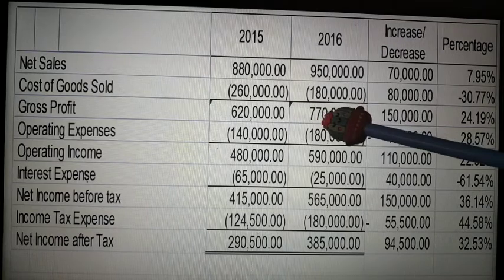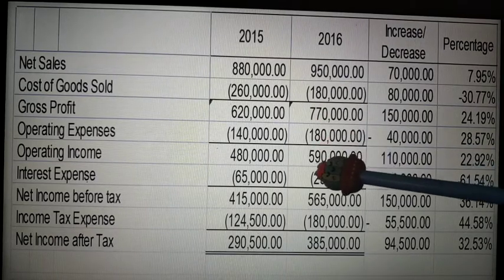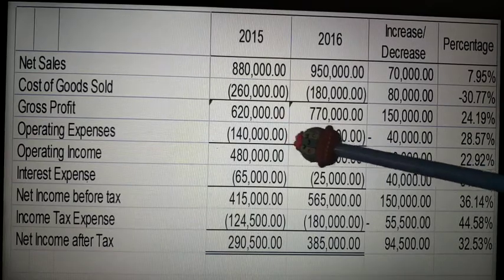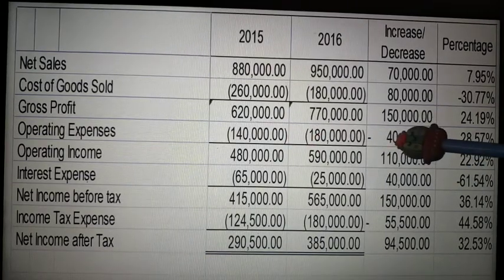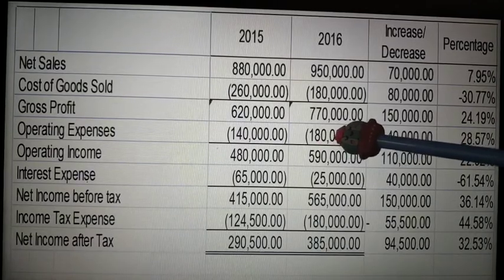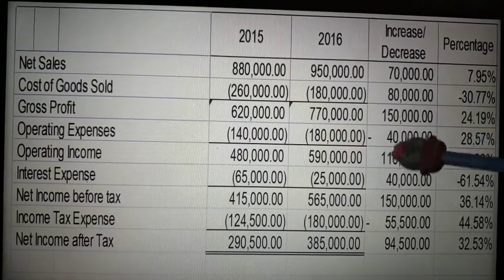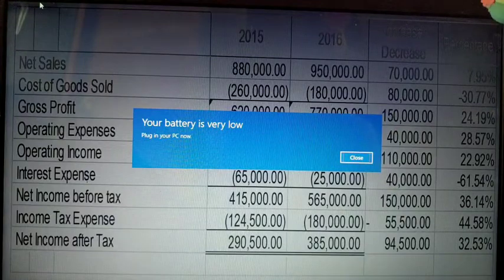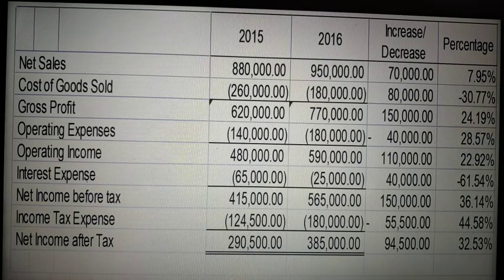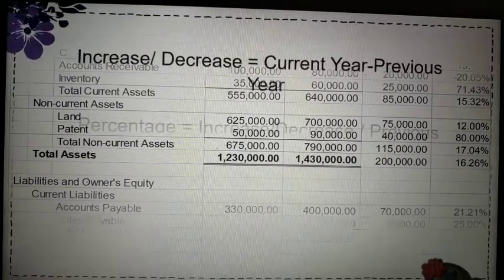Diba? 770,000 minus 180 equals 590. Dili siya meaning nga kung naka-open and close parenthesis siya, mo-open and close parenthesis pod kadiri, magbase ka kung ni-increase or ni-decrease ba siya. So, kung increase, positive. Kung decrease is negative or naka-open and close parenthesis. So, that is our horizontal analysis.